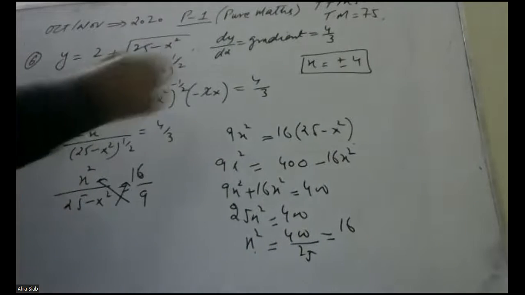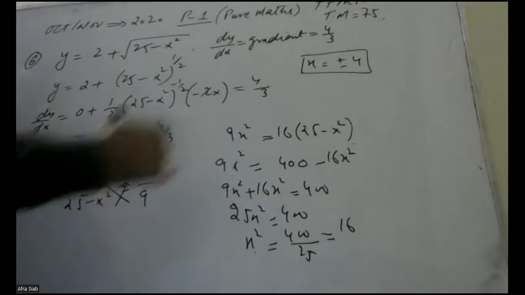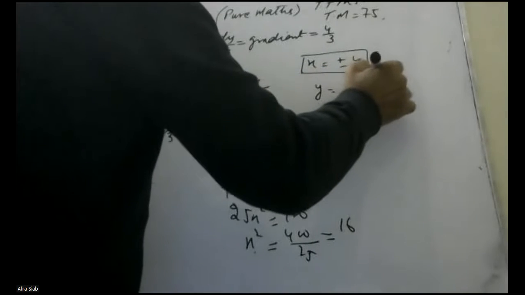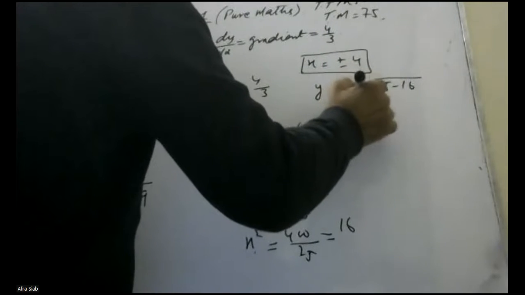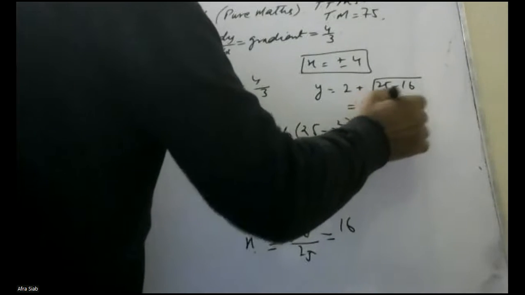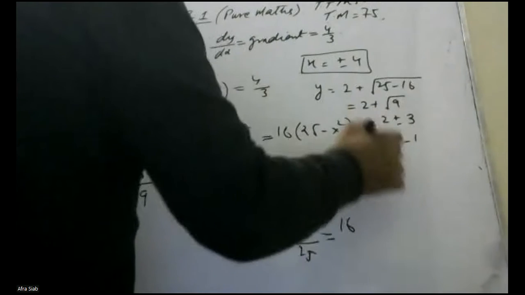Now we can put x values into this. So y value will be equal to 2 plus 25 minus 16 square root. That is equal to 2 plus 9 square root. And that is equal to 2 plus minus 3. So it is 5 and minus 1 are the values of y there.